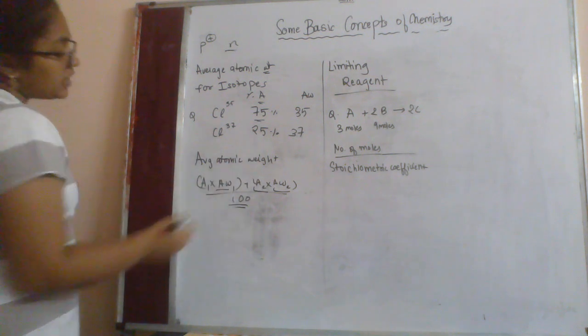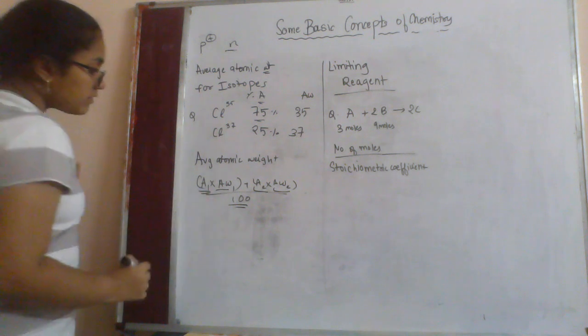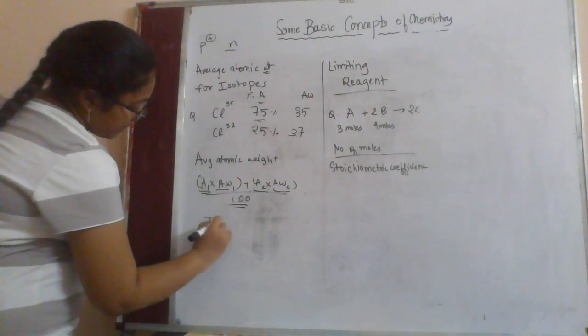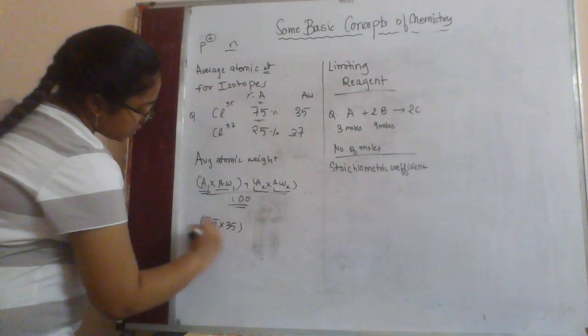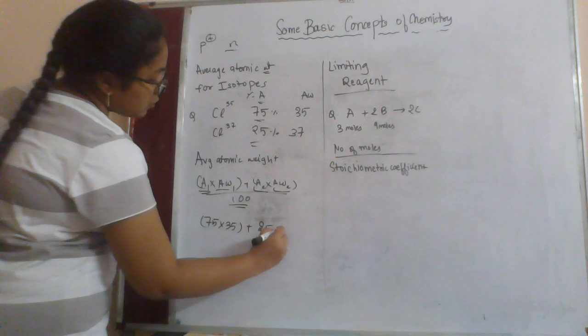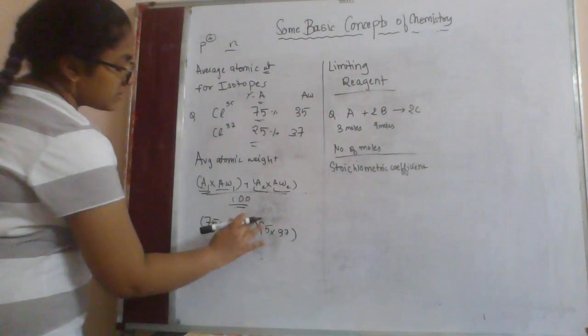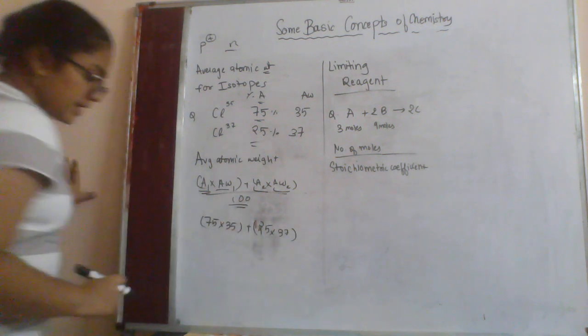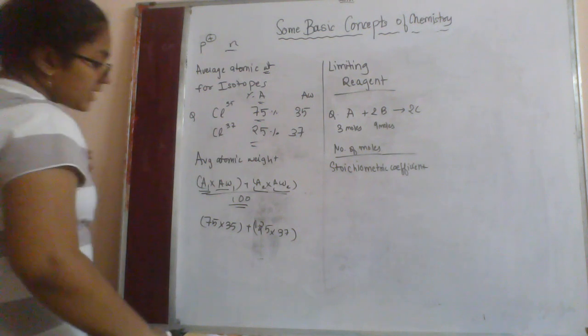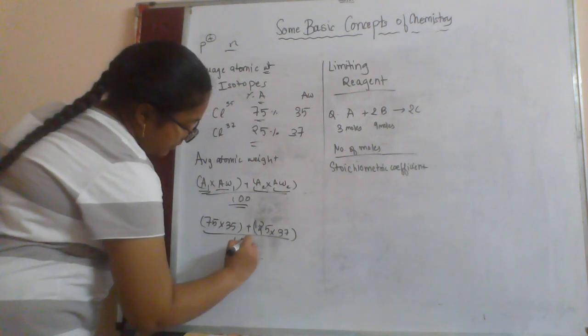So let's calculate for this, that is 75 into 35 plus 25 into 37. So we will get the whole divided by 100.